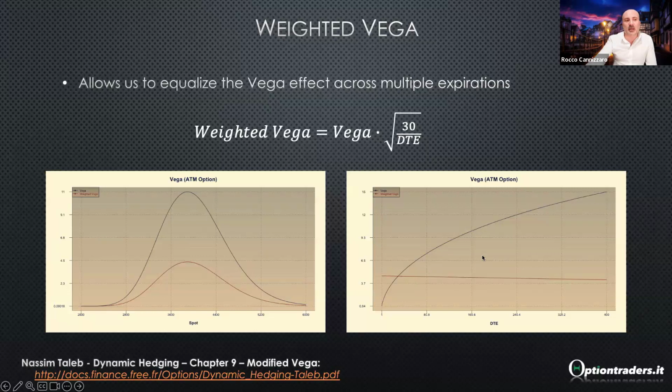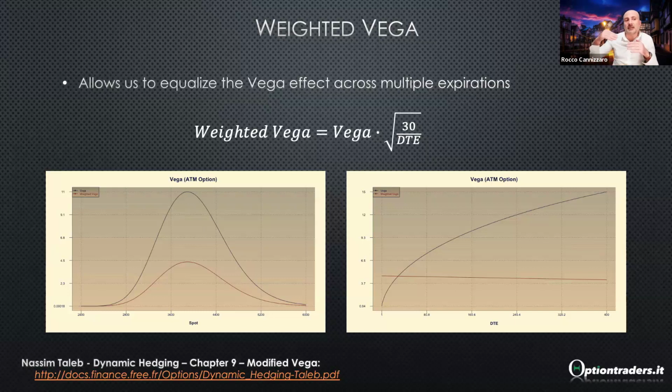But here's the interesting piece. I showed you earlier how the blue line shows that the vega increases as the days to expiration increase as well. But in reality, if you apply the weighted vega formula, we end up having this red line, which is essentially a flat vega.